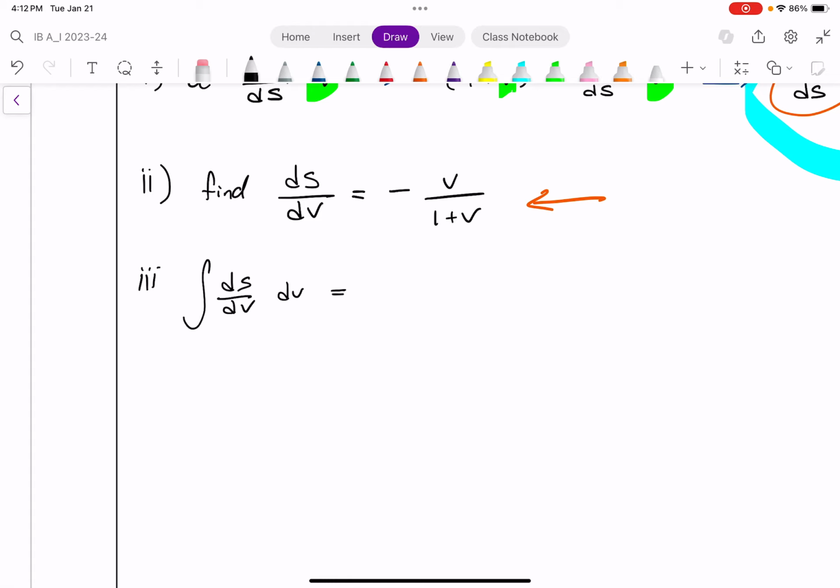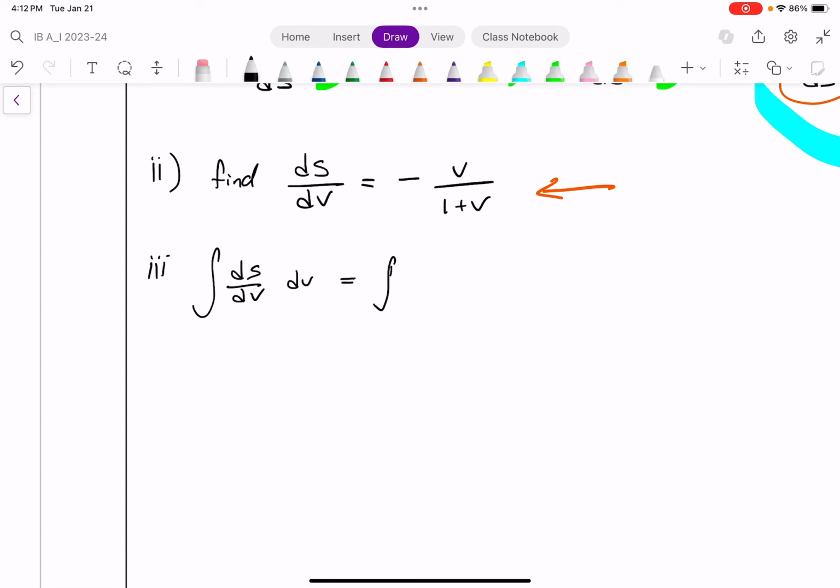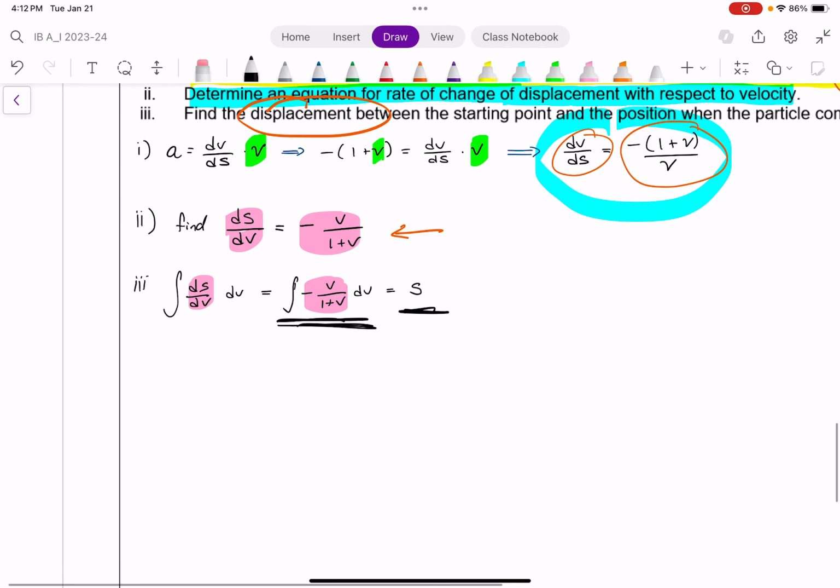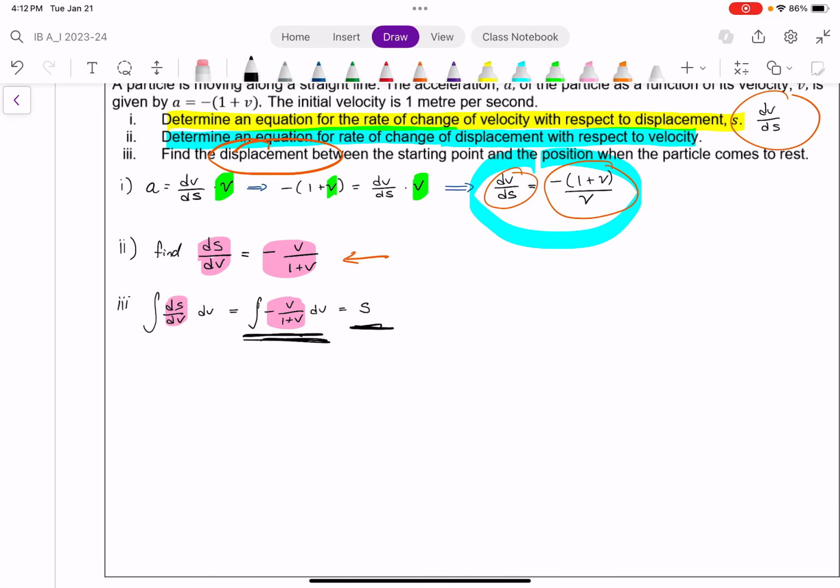Or a little more specifically, if I find the indefinite integral of negative v over 1 plus v dv, because remember, this here is ds/dv, then the antiderivative of this will be my position function. So how can this represent my position, and how can I use that to find the change in position, the displacement between the starting point and when it came to a rest?